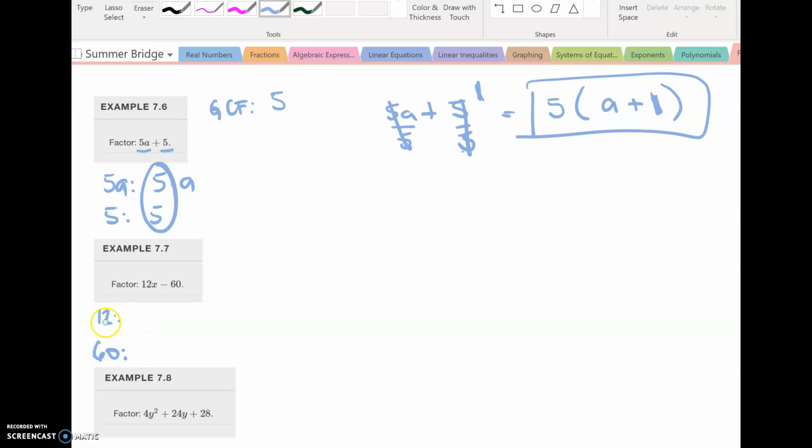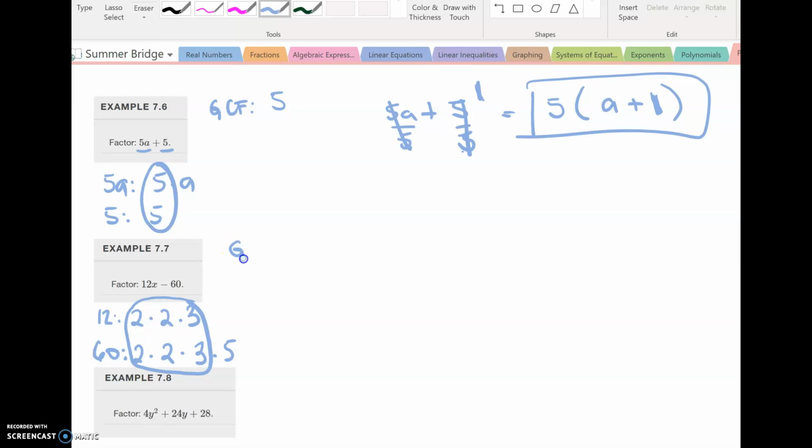If I divide 12 by 2, I get 6, which I can also divide by 2, which gives me 3. 60 I can divide by 2, that gives me 30, which I can divide by 2, which gives me 15, which I can divide by 3, which gives me 5. So the common things here are 2 times 2 times 3. So 2 times 2 is 4, and 4 times 3 is 12.